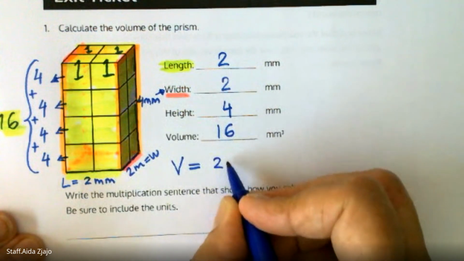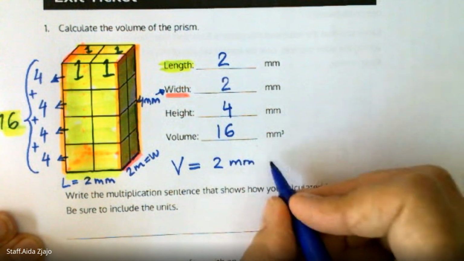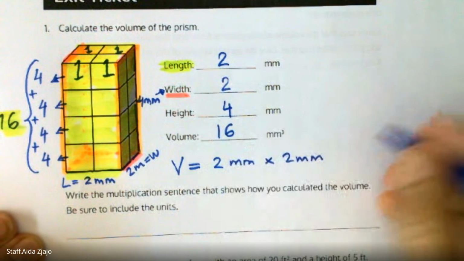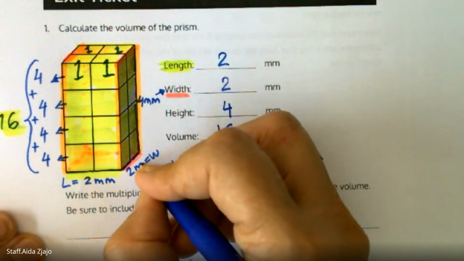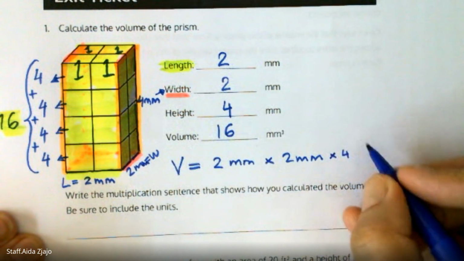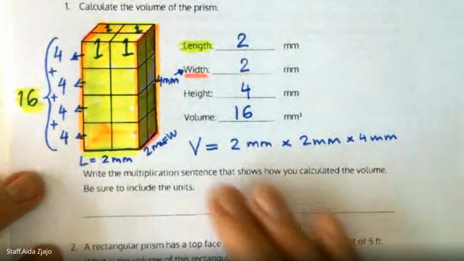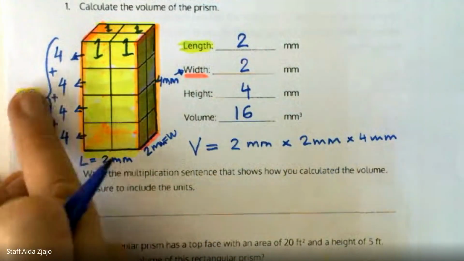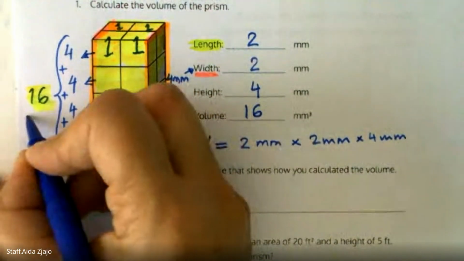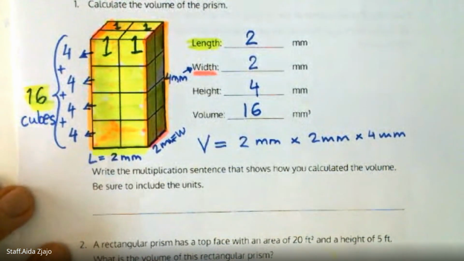So 2 millimeters times 2 millimeters, and times 4 millimeters. That would be the idea. So now if we calculate it, you need to get 16 cubes that are cubic millimeters.